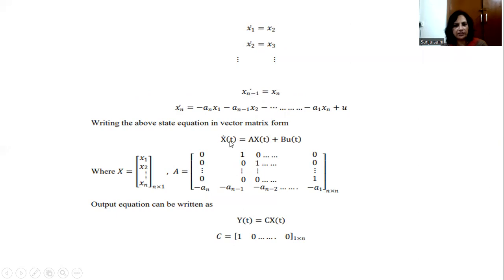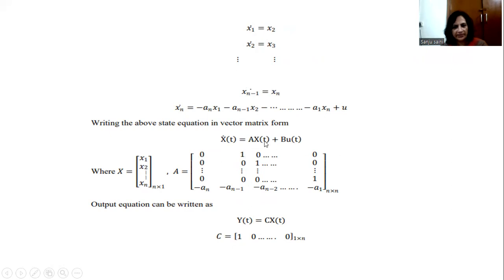State variable representation or state variable modeling consists of two equations, that is the state equation and the output equation. The state equation is this, so we just substitute the values x1 dot, x2 dot up to xn dot. So x dot t is equal to x1 dot, x2 dot up to xn dot. This is equal to A into xt. Since x1 dot is equal to x2, we'll get a 1 over here.